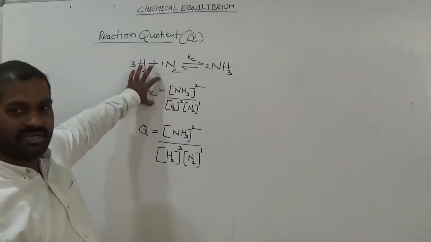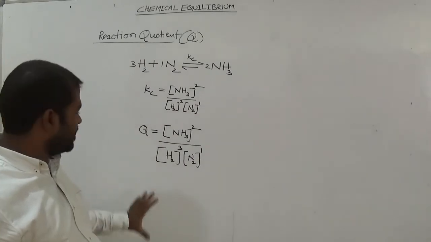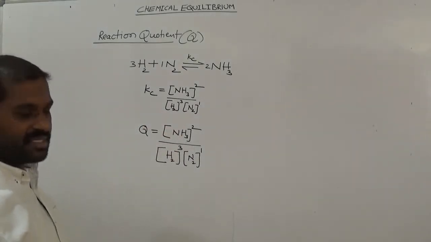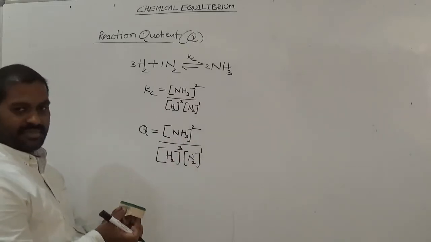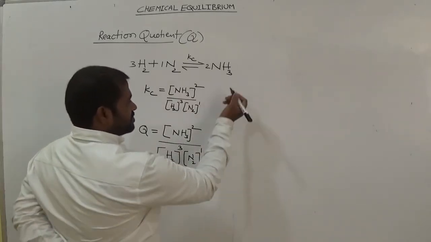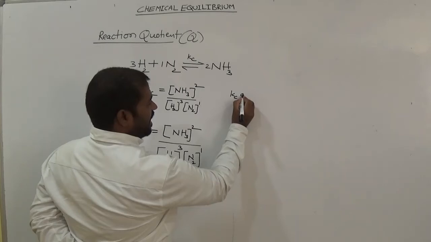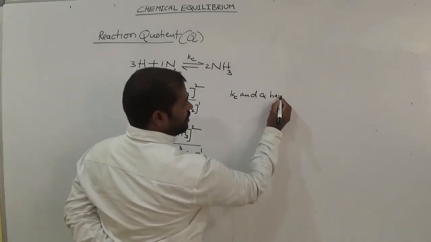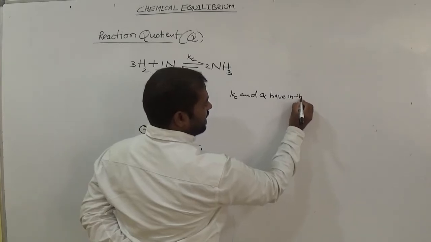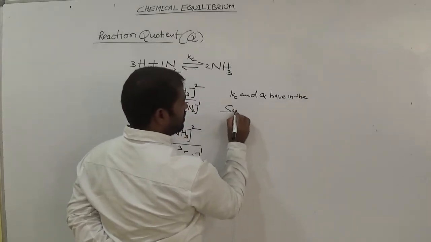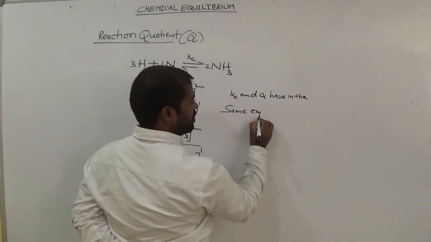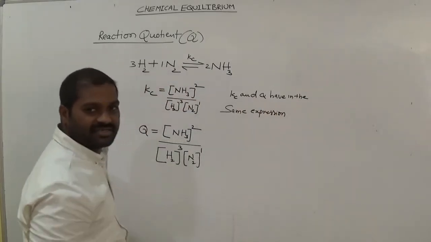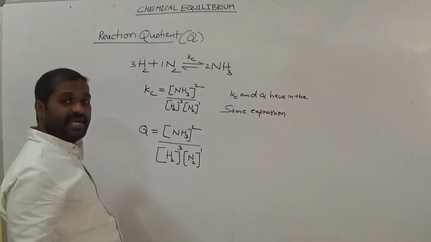Kc is equal to this expression, Q is also the same expression, am I right? Same expression. Here Kc and Q have the same expression, am I right? But where is the difference?